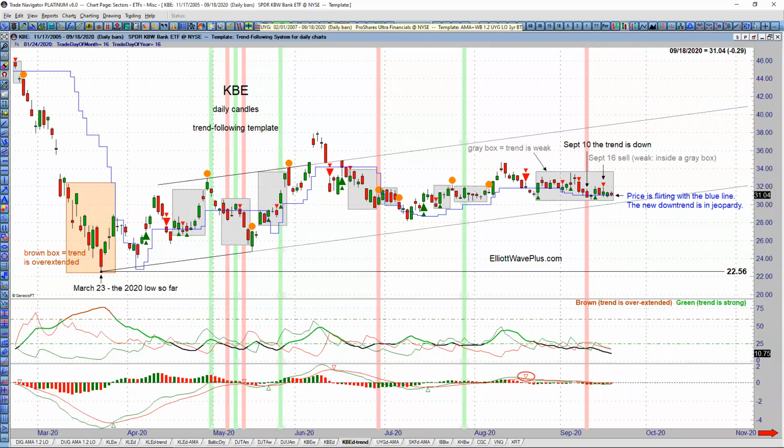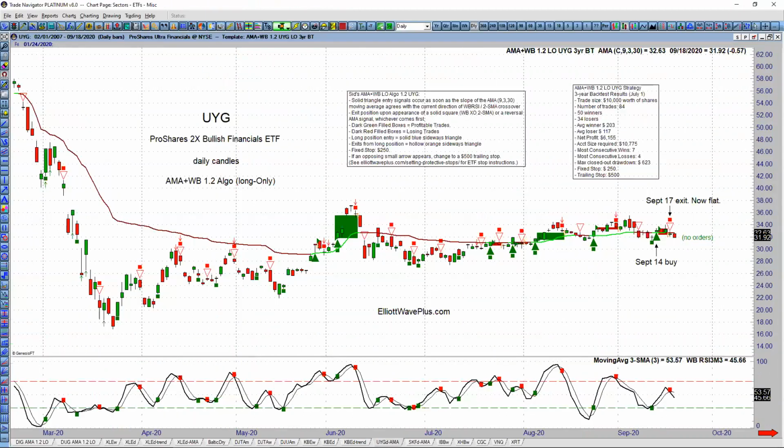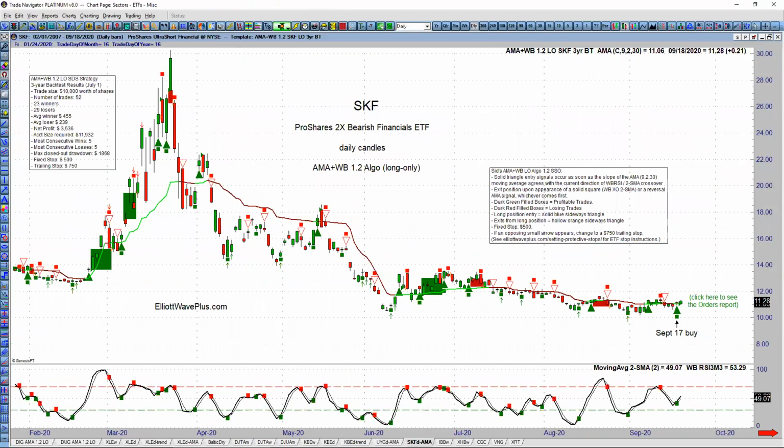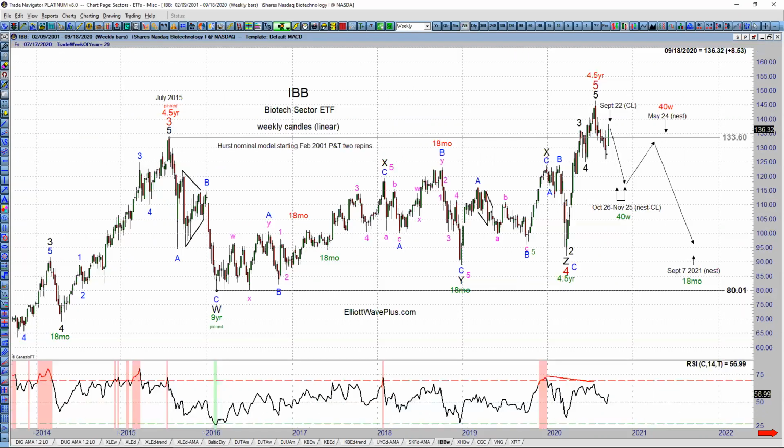Really, until right now, though, very boring, very sideways. Matter of fact, the last signal was to short it. I don't think it's a good idea, right? Not financial specifically, right at this exact moment.